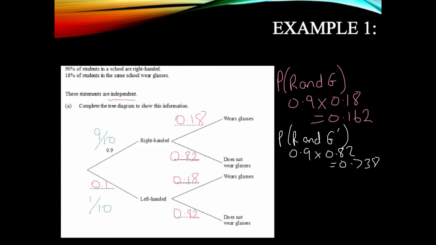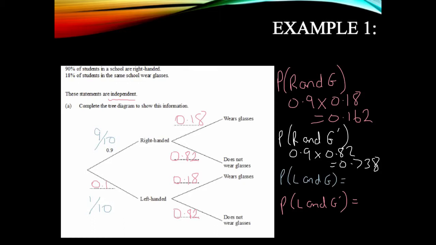and again I can continue to do this with the other branches too. So if I wanted to know the probability of being left-handed and wearing glasses, and I can also work out the last one, which was the probability of left and not wearing glasses. Let's just work these out quickly. So the probability of left and wearing glasses would be 0.1 multiplied by 0.18. That's an easy one to do.